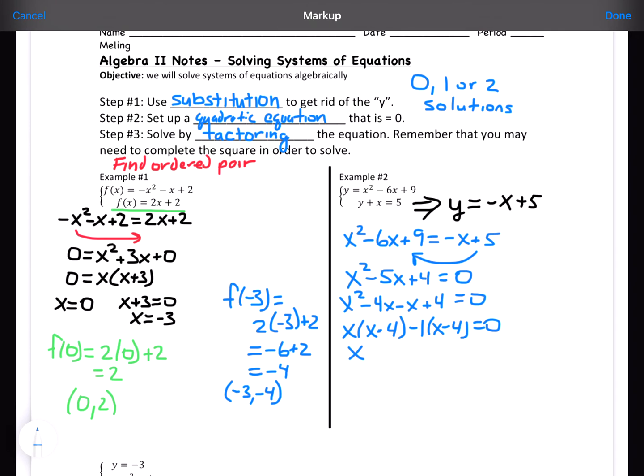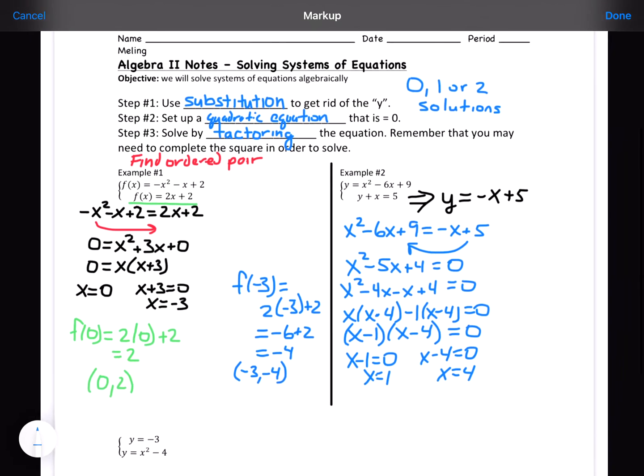So we have x minus 1 times x minus 4, and I used grouping there. So if we set each of them equal to 0, x minus 1 equals 0, x minus 4 equals 0, we get 1 and 4.